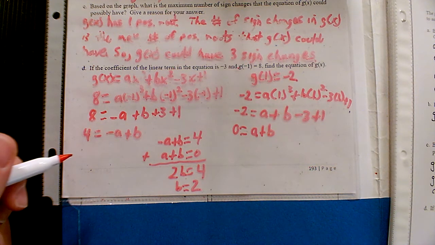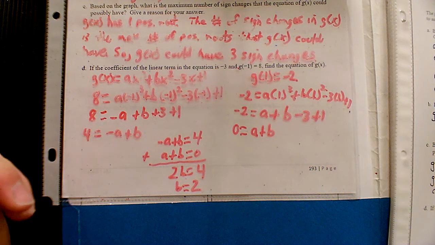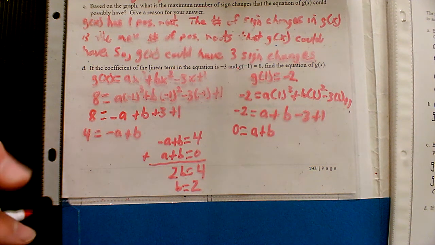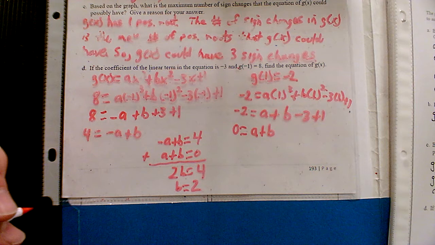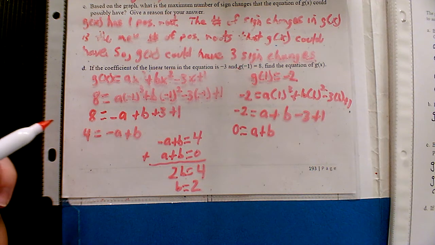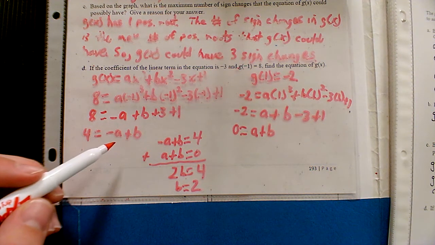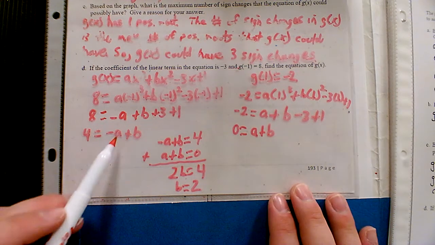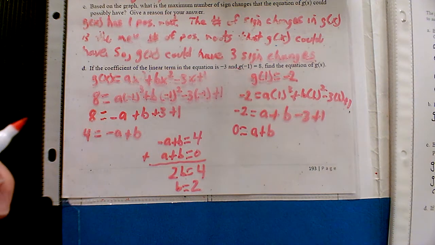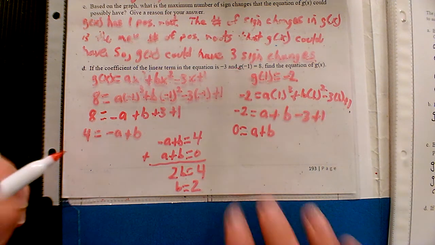Now, how do we find out what A is? You plug your answer for B back into one of the original equations that you had. Yeah, you can plug it in here. You can plug it in here. You're going to be able to find what A is.